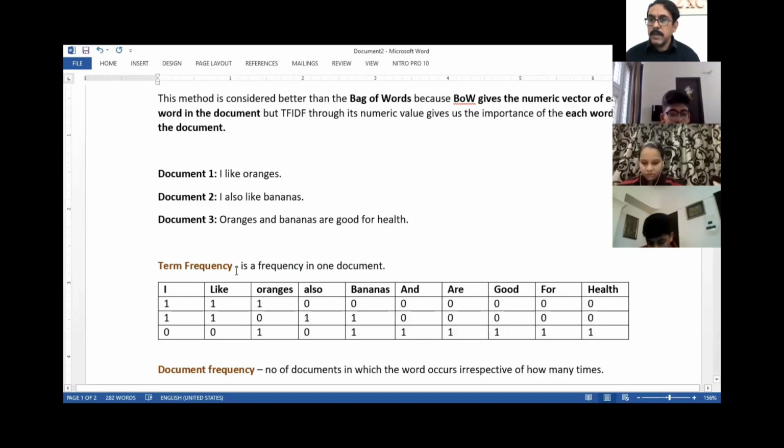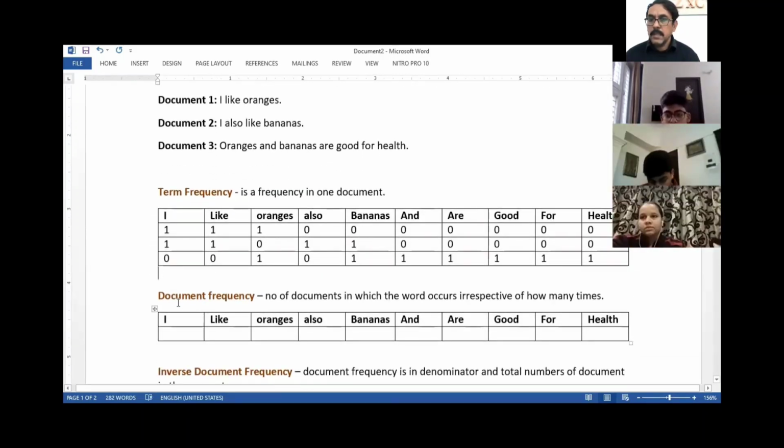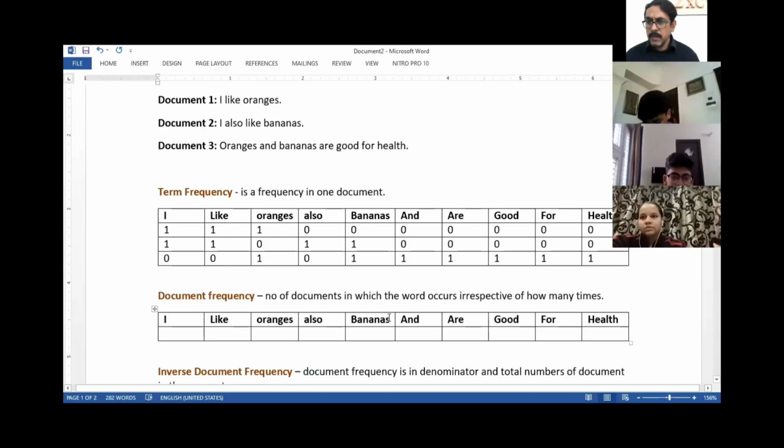Once you have completed the term frequency part, now move to the second part, that is document frequency. It is the number of documents in which the word occurs, irrespective of how many times. Very simple. You have to find out the number of documents in which the word occurs. This occurs in 2, so simply write 2 over here. This is also 2.